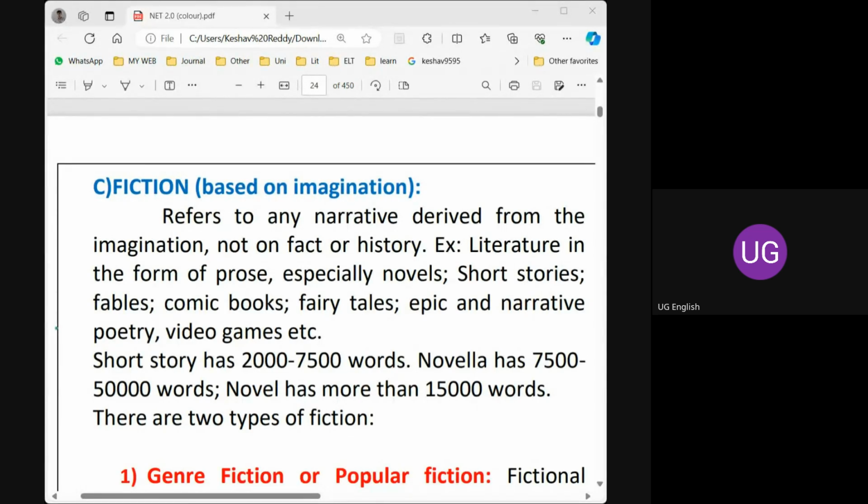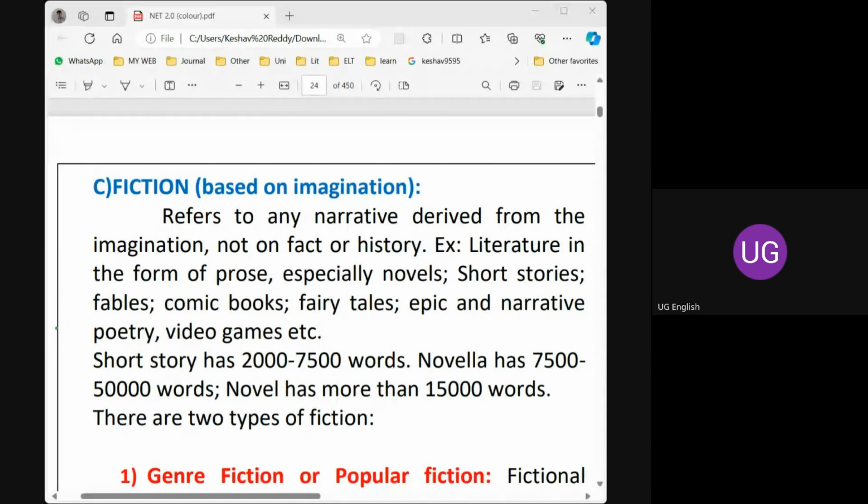Poetry is the oldest of all the literary genres because it is transmitted orally through generations to generations, even when there is no alphabet. So it is purely oral literature.